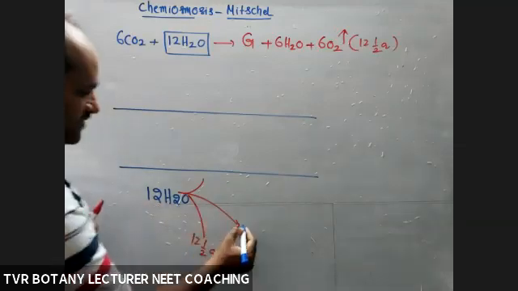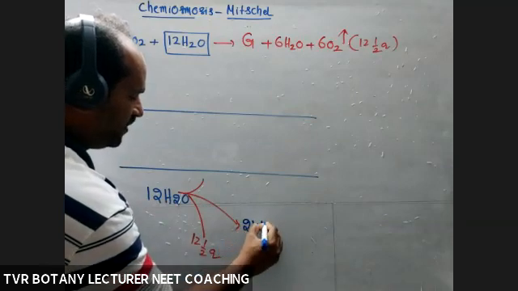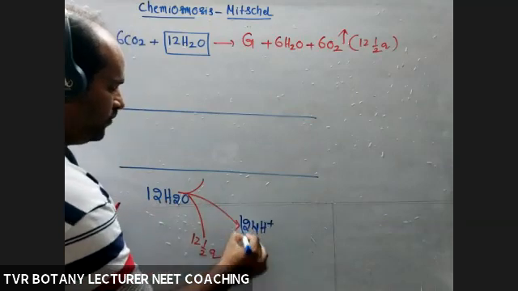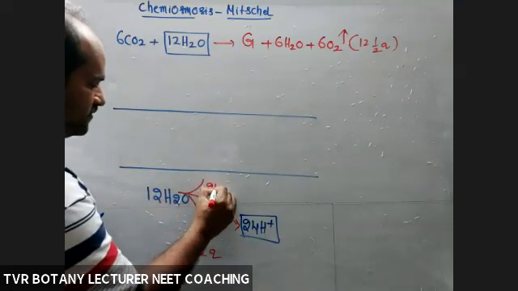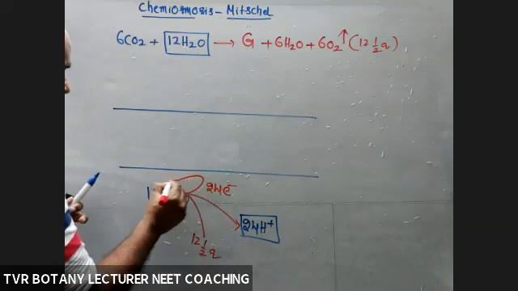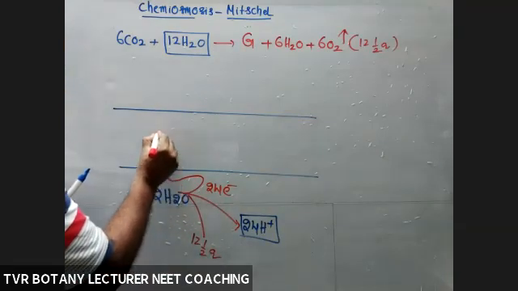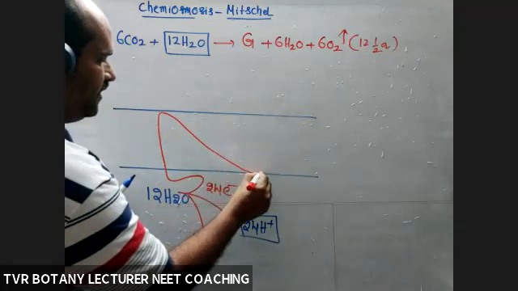So how many H plus? 12 into 2, 24 H plus directly coming from photolysis of water. How many electrons? 12 into 2, 24 electrons. Now, these 24 electrons pass through P680, pheophytin, PQ, and continue.